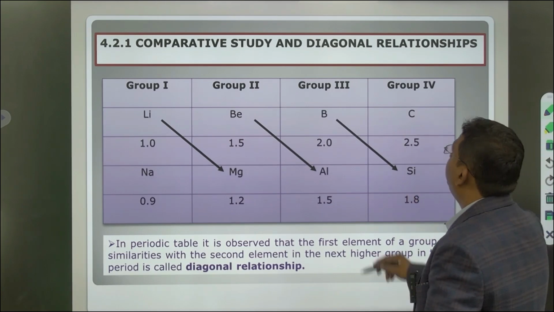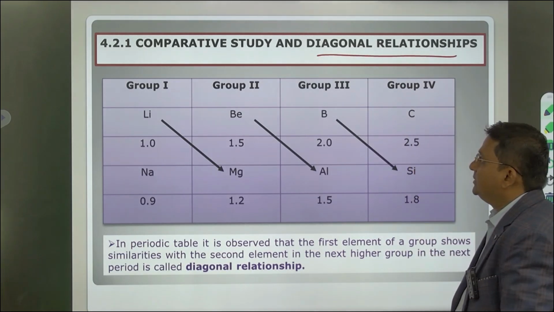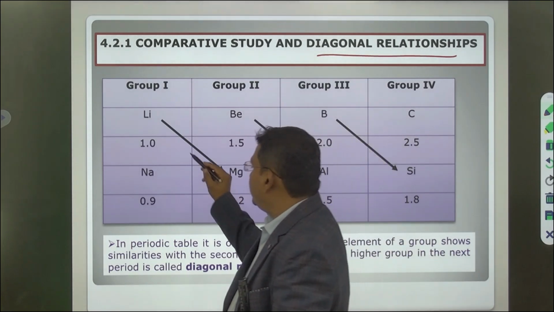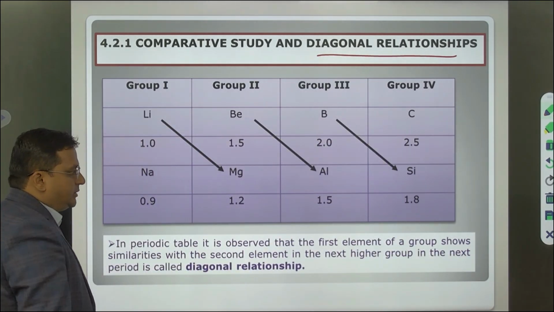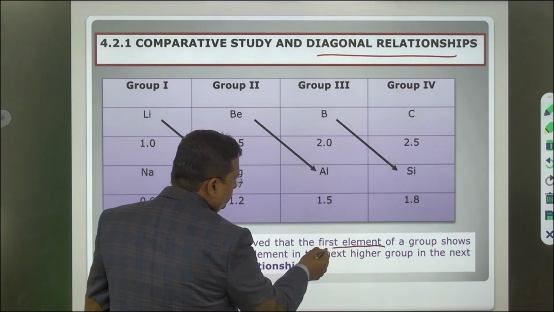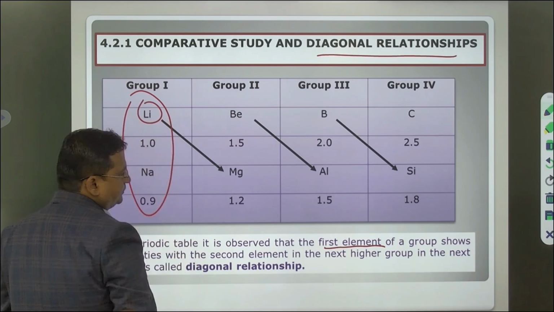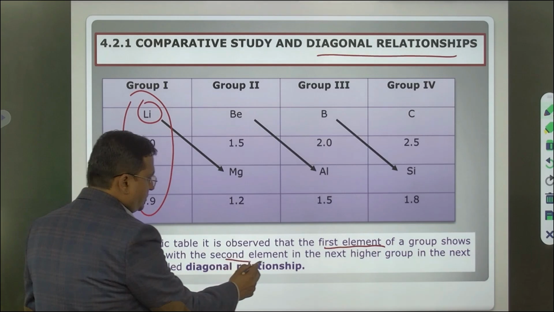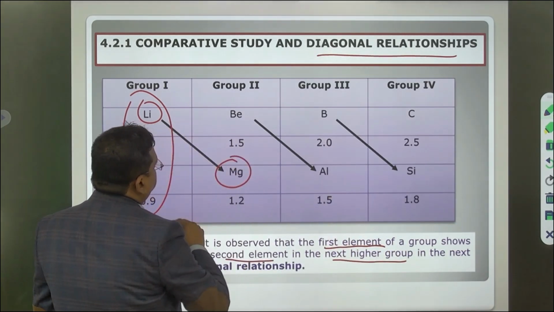Comparative study and diagonal relationship in the groups. Diagonal relationships. In the periodic table, it is observed that the first element of group 1, like lithium, is similar to the second element in the next higher group, like magnesium.